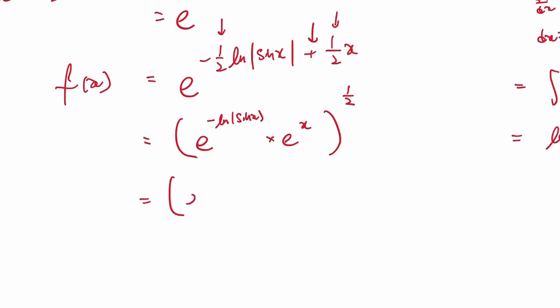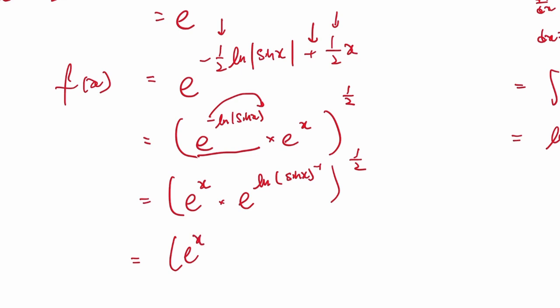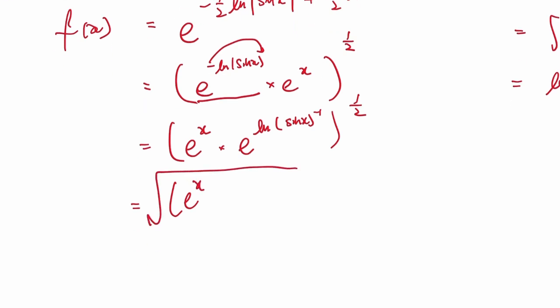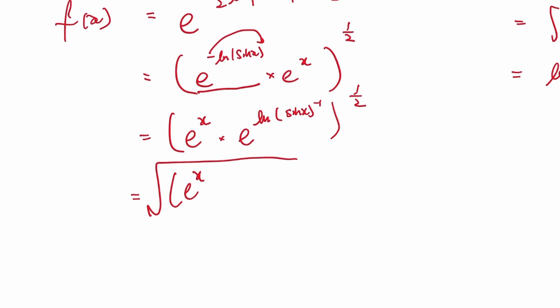So we move e^x to the front, times this. We put the negative up in the power, so it's sin x to the power of -1. Then the half power is square root. e to the power of ln cancel each other out, so we have sine to the power of -1, which is 1/sine, right? Not the inverse, but 1/sine. 1/sine is cosecant. So that's the answer.